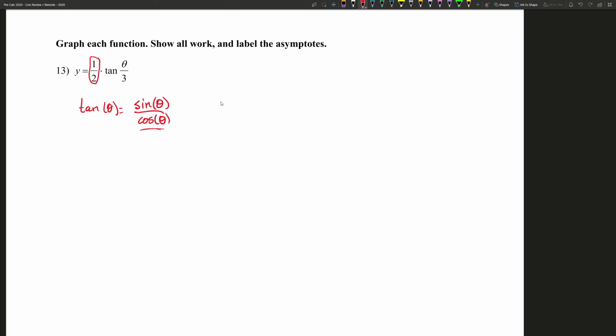Okay. So when we have tangent of theta over 3, I can really rewrite that as sine of theta over 3 over cosine of theta over 3. Okay. So whenever we're dealing with any variable in the denominator, we have to see when that denominator is equal to 0 for a vertical asymptote, right?